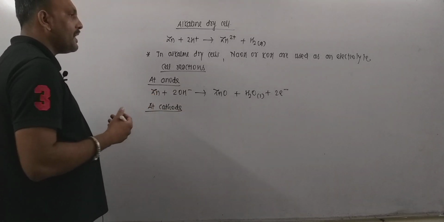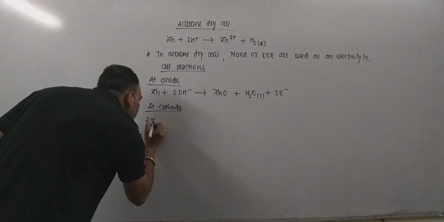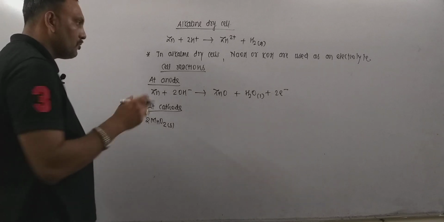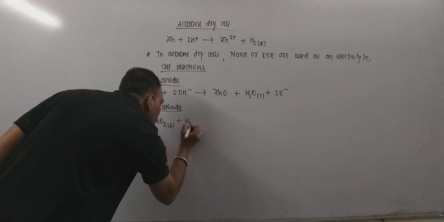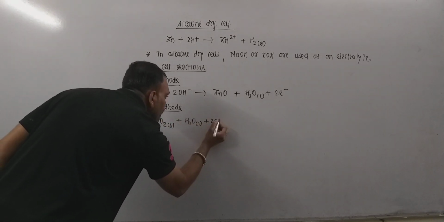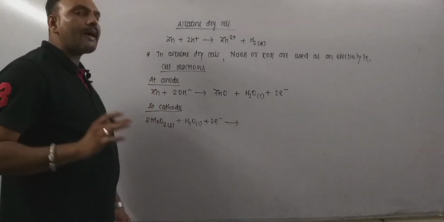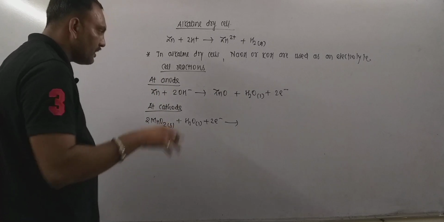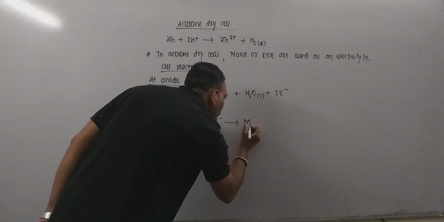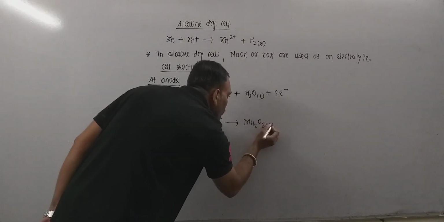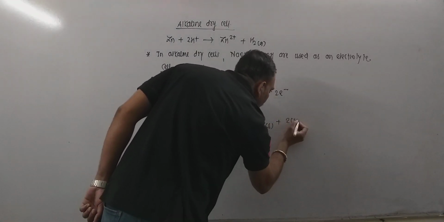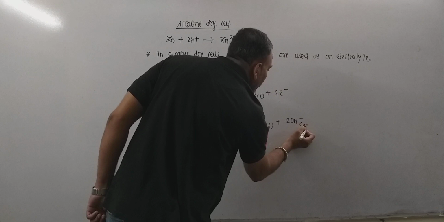On the other hand, MnO2 is present, so the dry paste of MnO2 tries to gain those electrons. Electrons are accepted or gained in the process of reduction, and thereby the formation of Mn2O3 solid takes place along with OH- ions, OH- aqueous.